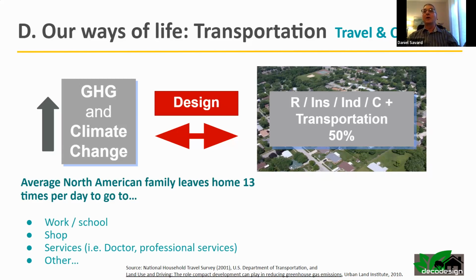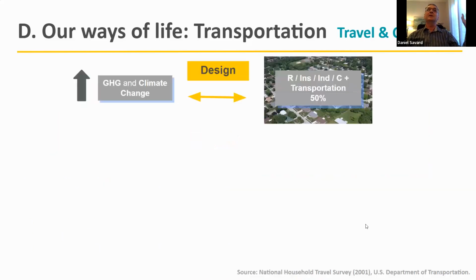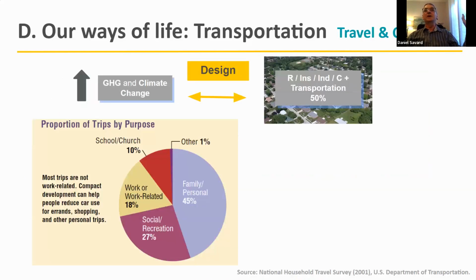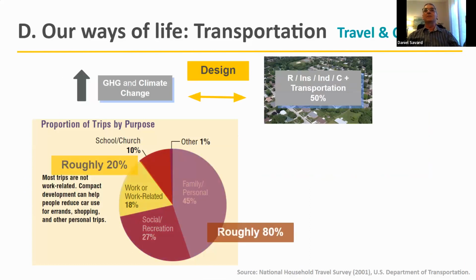Studies have been done on that for many years and have shown that. Now, if we look at the purpose of all these trips, roughly 80% is for something other than work, and 20% work-related. And how you're going to have your subdivision designed is going to have quite an impact.